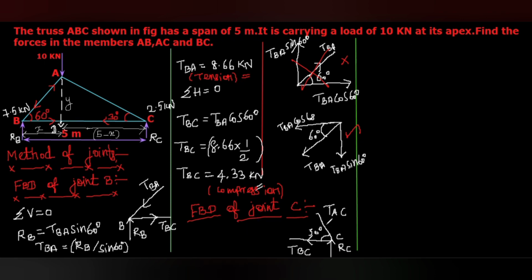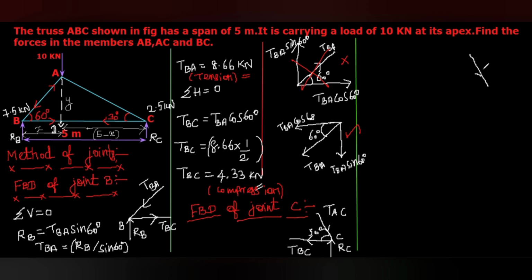In the same way, TAC sine 30 will act upward, that cannot cancel the upward force RC. So this should act downward or inward to the C, that means in the second quadrant.